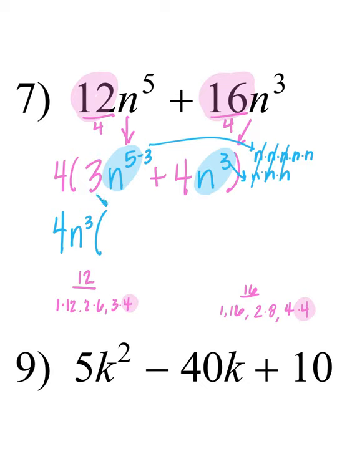I need to bring my 3 down. It's 3 n to the 2nd, plus bring my 4 down, 4, and when I take 3 away from here, I get 0. So it cancels out and I don't have any n's. So this is my answer: 4n to the 3rd times 3n squared plus 4.